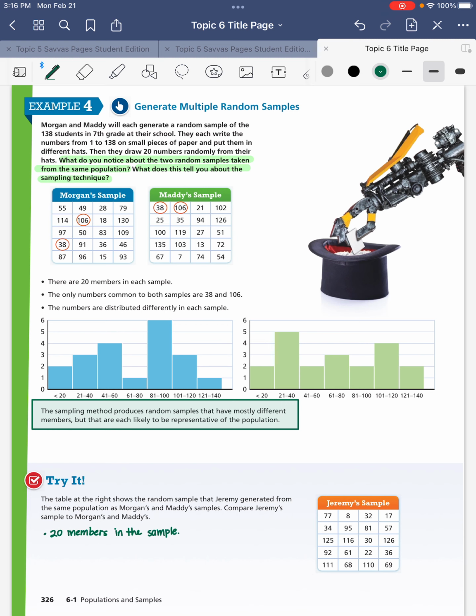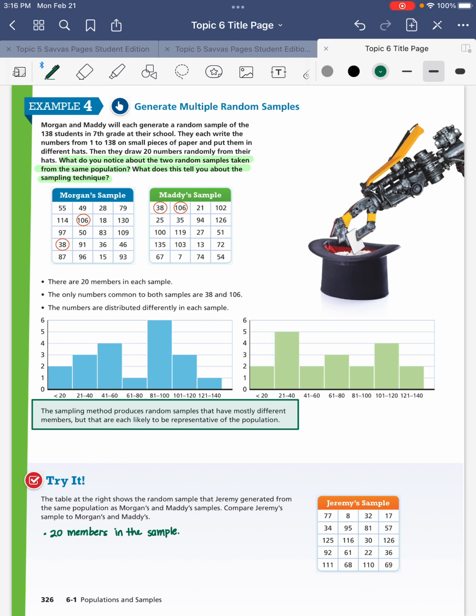in other samples? So if I look at Morgan's sample, so 55, 114, 97, 38, 87, I don't see any of those. 49, 106, 50, not seeing any of those. 91, 96, don't see any of those. 28, 18, 83, I don't see those. 36, 15, 79.